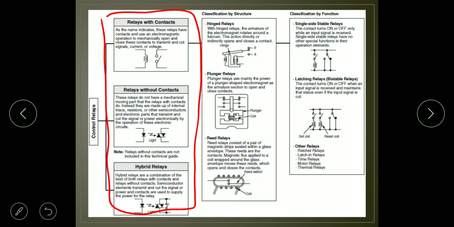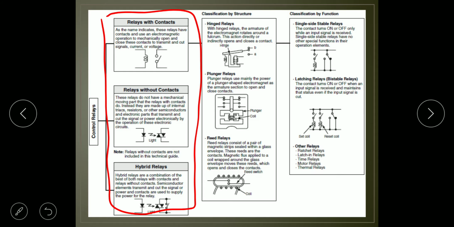When a rated external DC voltage, in the range of 3, 6, 9, 12, 18 volts, etc., is applied to the relay coil, current starts flowing through it, and this will magnetize the coil core, which will attract the movable armature. Due to this movement, the armature now gets connected to the lower contact and gets disconnected from the upper contact.